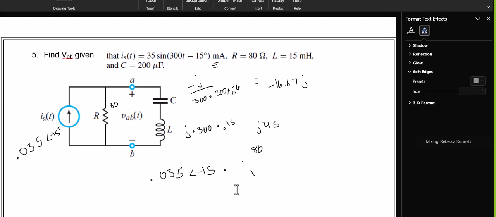Oh, I should. That was rude of them. 300 t minus 105 degrees. Or am I supposed to add 90? You subtract 90. You do subtract 90. Yeah, I agree. So 105.